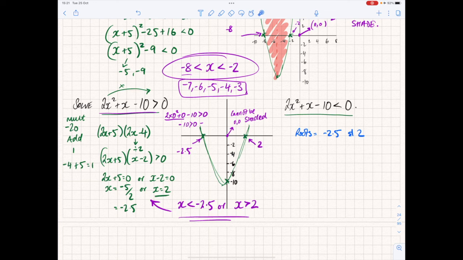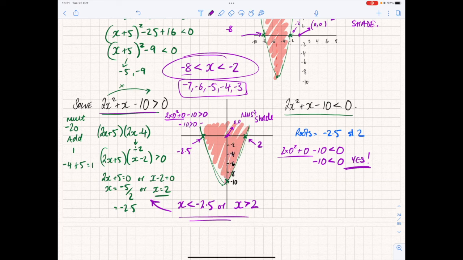So when I substitute this purple point in and I say 2 times 0 squared plus 0 minus 10 is less than 0. Well, that gives me 0. Is minus 10 less than 0? Yes. Which means I must shade. So in this next example here, I must shade it. So that point here must be shaded, which means I would now shade inside the parabola.